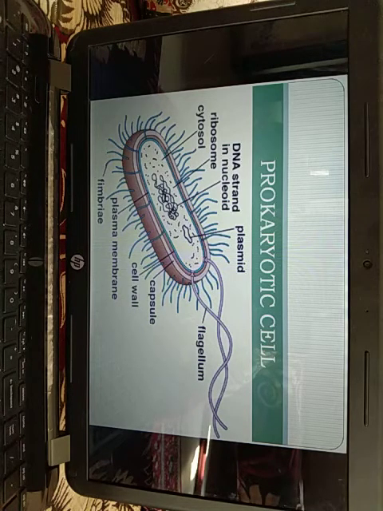On the basis of their nature, the inclusion bodies are of three types: gas vacuoles, inorganic inclusions, and food reserves. Gas vacuoles are gas storing vacuoles found in cyanobacteria, purple and green bacteria, and a few other planktonic forms.